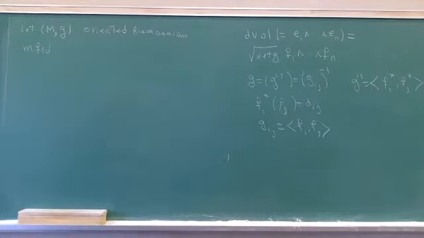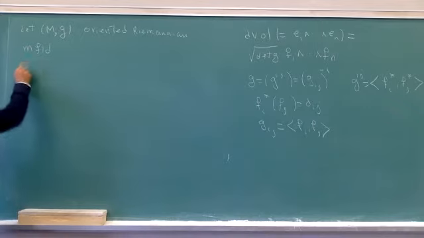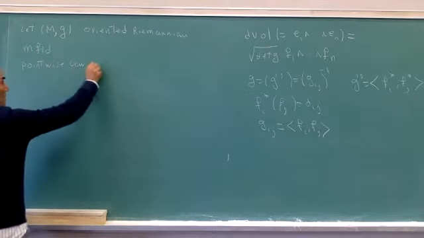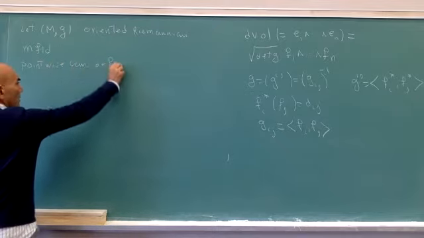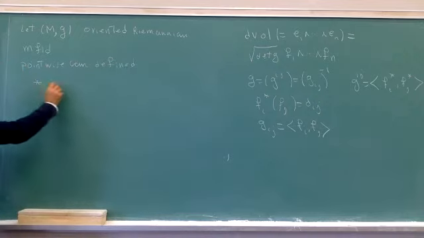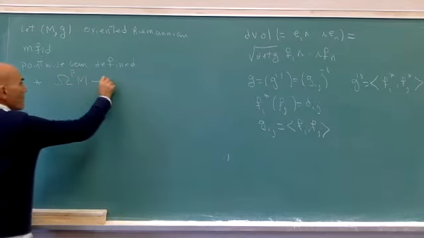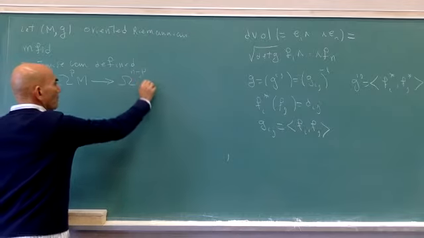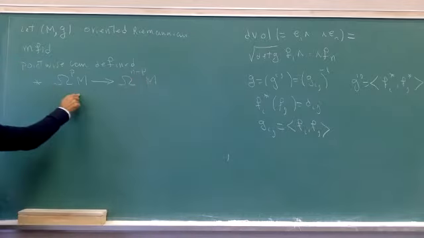So now we can define this star operator on forms, just pointwise, and define star from Omega^p(M) to Omega^(n-p)(M).